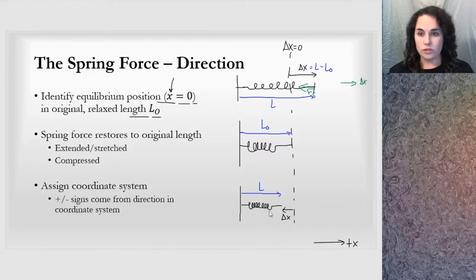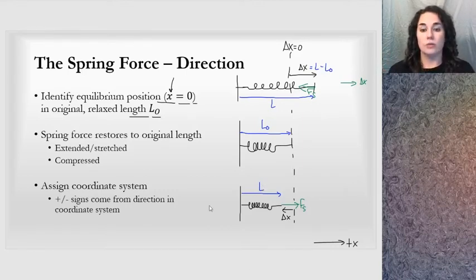And the spring doesn't want to be compressed. It will exert a restoring force in the other direction. Notice that these two also oppose one another. So when you think about the direction of the spring force, think about the displacement, but also have this intuition that it wants to be restored to its original length and will push or pull in that direction.